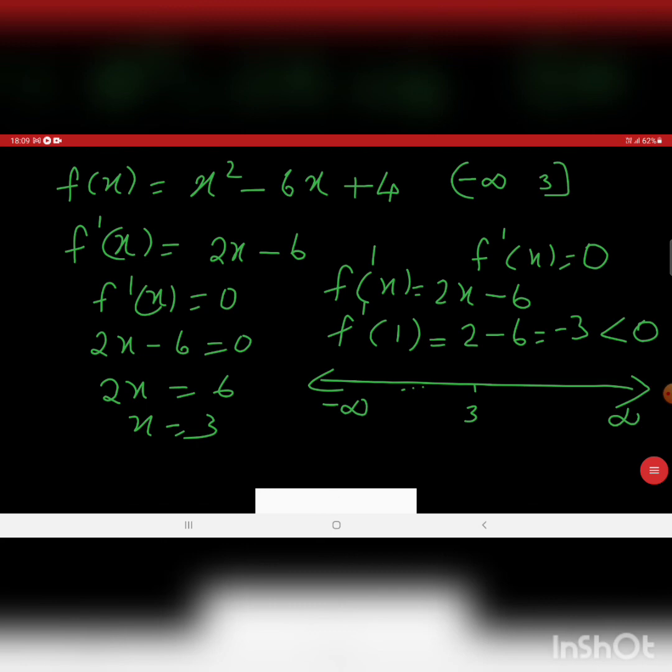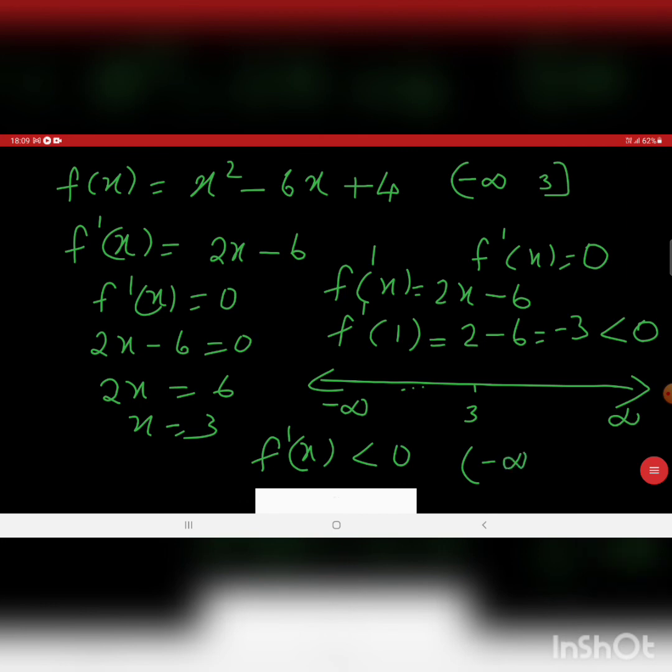That will be satisfied for all the remaining elements in that interval. So here f dash 1 is less than 0. That means f dash x is less than 0 in the interval minus infinity to 3. So we can say that the function is decreasing in the interval minus infinity to 3.